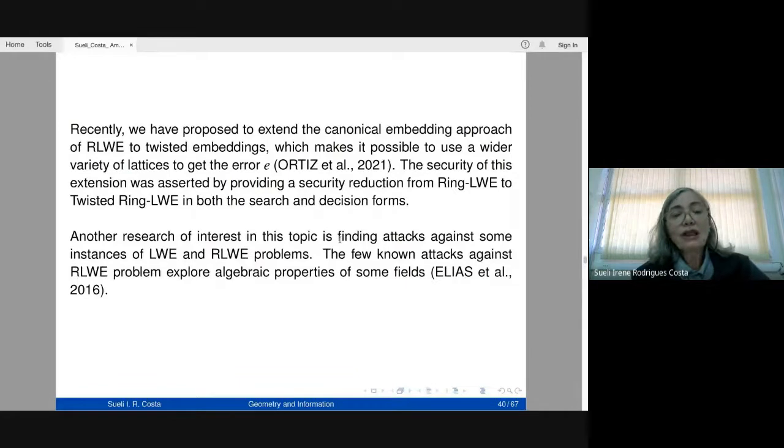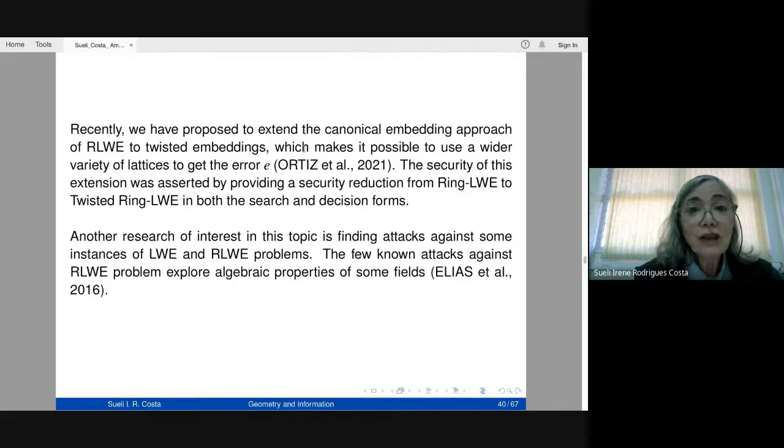We have been working with this topic recently. What is interesting to mention is that the two main authors of this paper are one student from the cryptography group in the Institute of Computing, Ricardo Rabi, and a student of mine that has a lot of background in algebra, right?